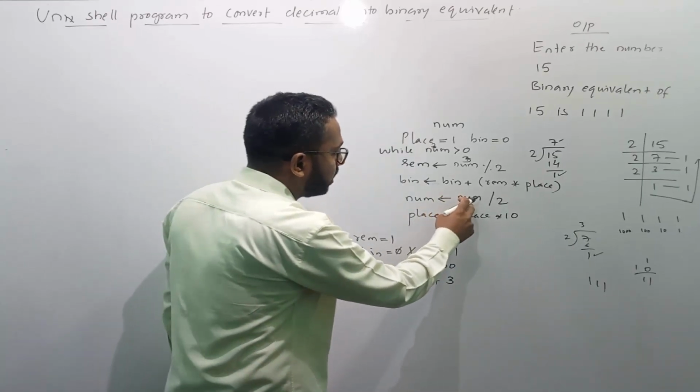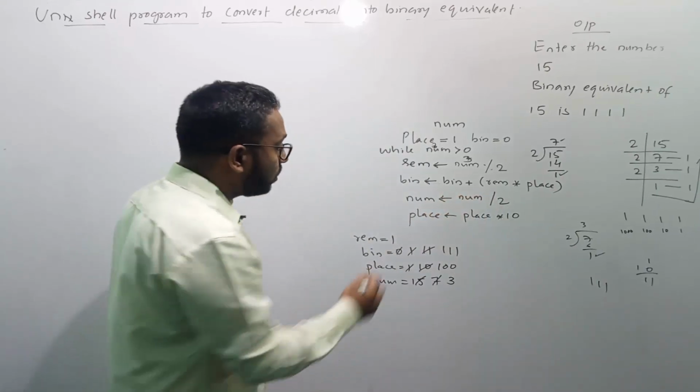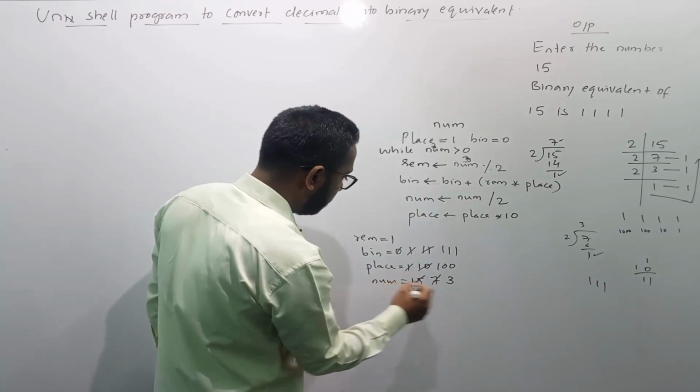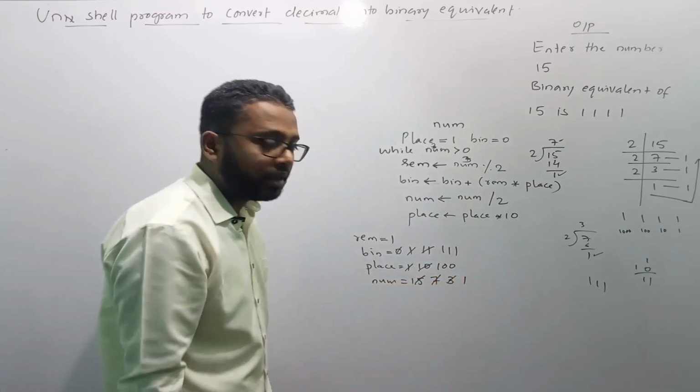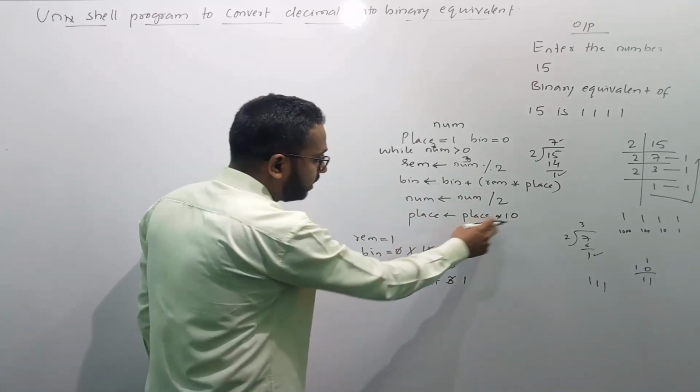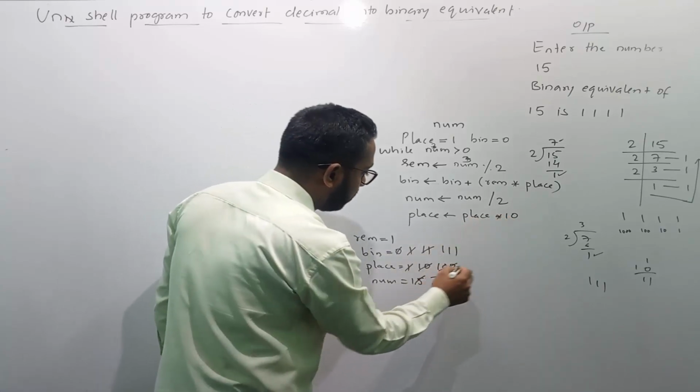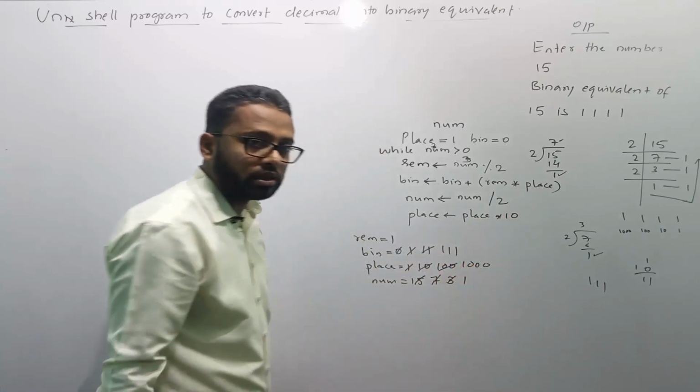Next, num is 3, 3 by 2 gives 1, so 1 gets stored inside num, and now num becomes 1. Next, place is 100, 100 into 10 is 1000, so now place becomes 1000.